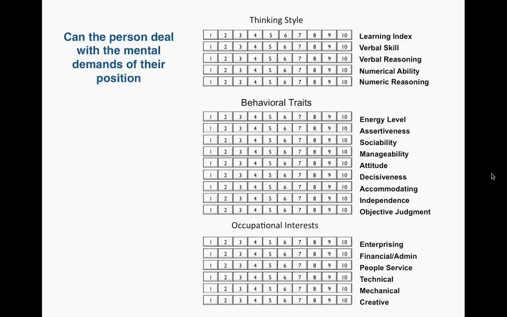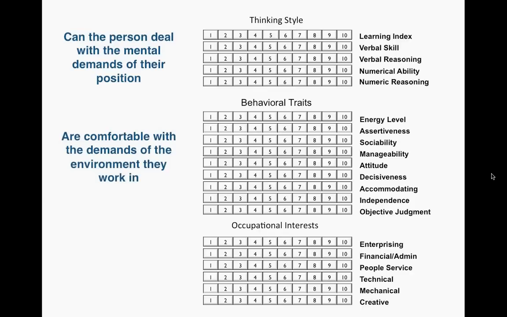The first thing that it measures is whether that person can deal with the mental demands of their position. This is one of the 20 aspects of a person that you can assess to get a better picture of that total person. We are not measuring here what you've heard called the IQ or intelligence quotient, but we are measuring something much more useful in the context of predicting a person's likely job performance.